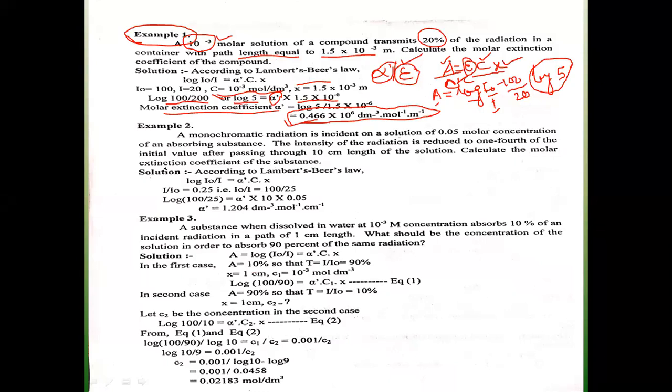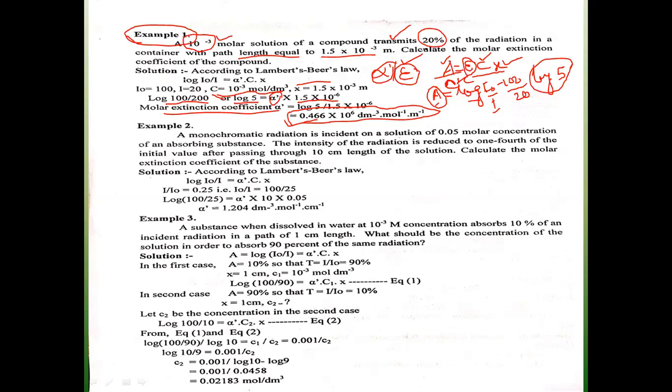But for a question, on the basis of Lambert-Beer's law, how to solve it, you have to understand every term that is given to you, and then convert it as per our requirement, and then put all these values into the given formula and then you can calculate it. If transmittance is given, then you know that we can find out the absorption on the basis of transmittance.